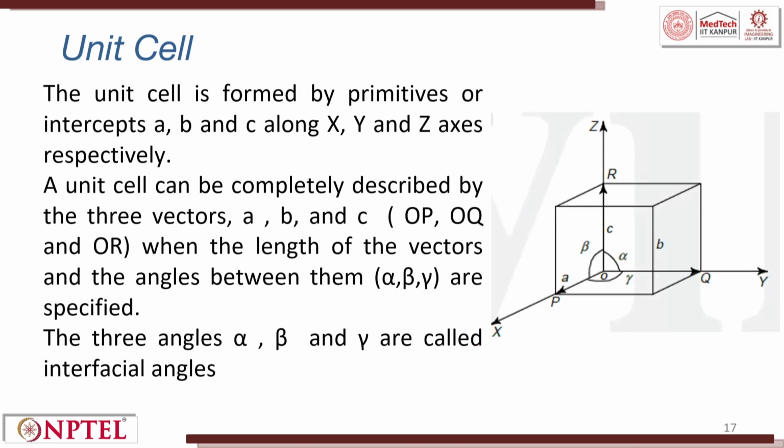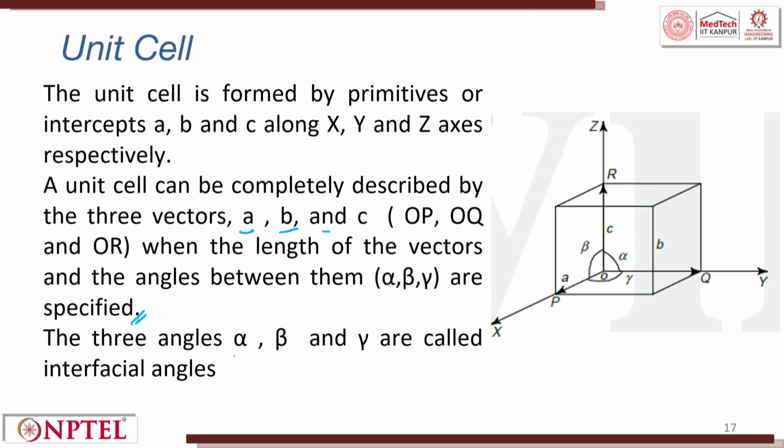The unit cell is formed by primitives or intercepts A, B, C along the x, y and z axes respectively. The unit cell can be completely described by the three vectors A, B and C when the lengths of the vectors and the angles between them, alpha, beta, gamma, are specified.